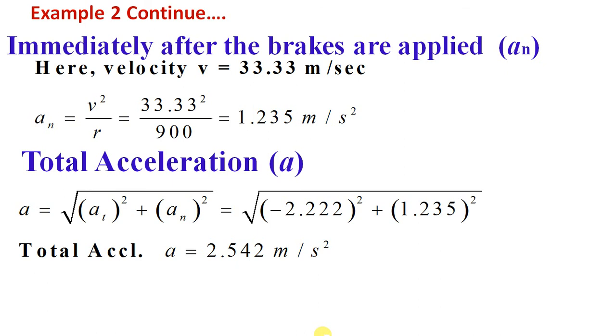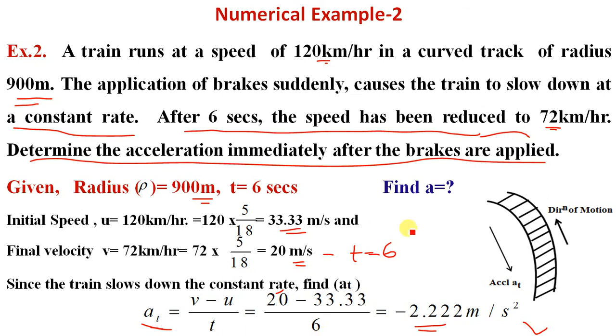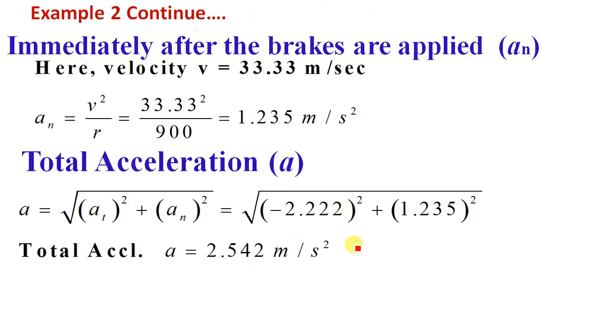Now we have to find the normal component of acceleration. So we have the formula an is v square upon rho. Initially the speed of the train is 120 kmph, that is 33.33. They have asked what the acceleration is just after the brakes are applied, so the velocity just when the brakes are applied is 33.33.